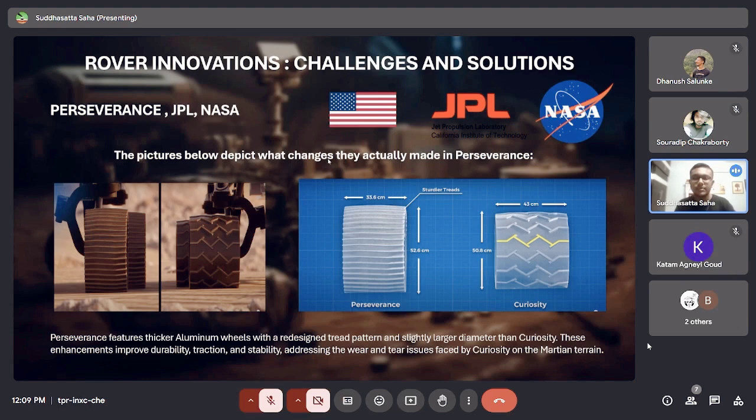When sending something to space, you cannot afford to take so much risk, as these missions involve a lot of money, resources, energy, and effort. So it is still in the R&D phase, research and development. When they come out, it will definitely be a milestone achieved by all of these engineers at NASA.